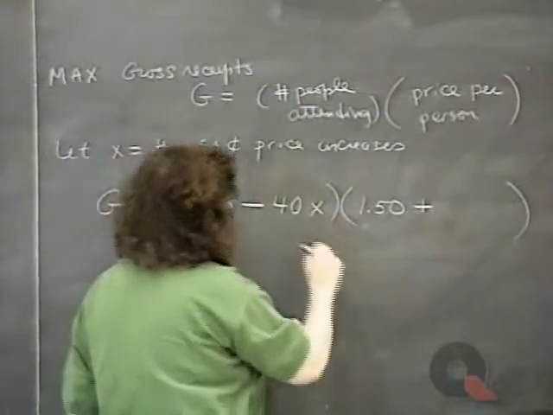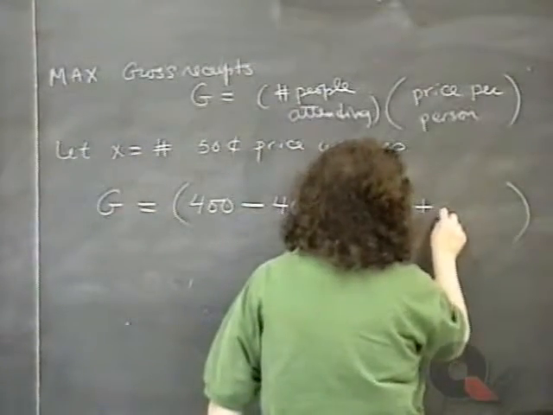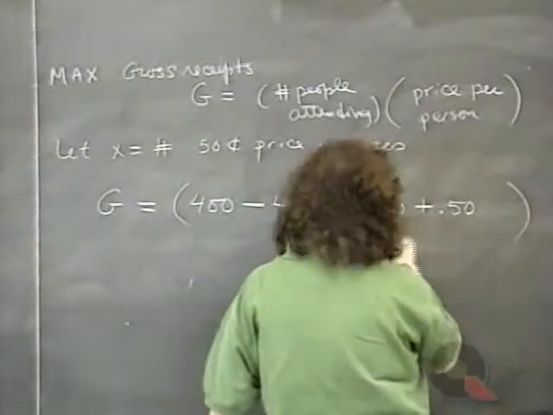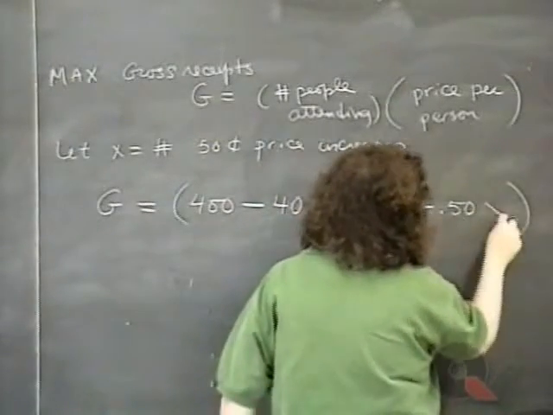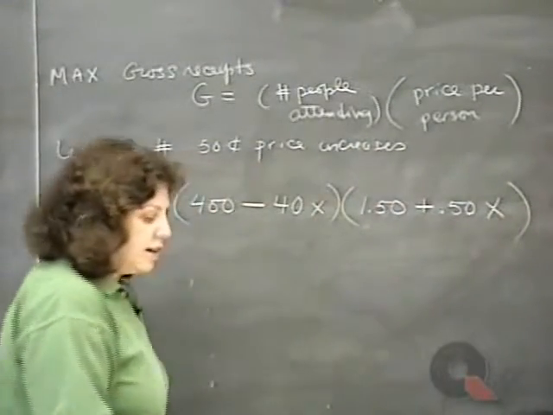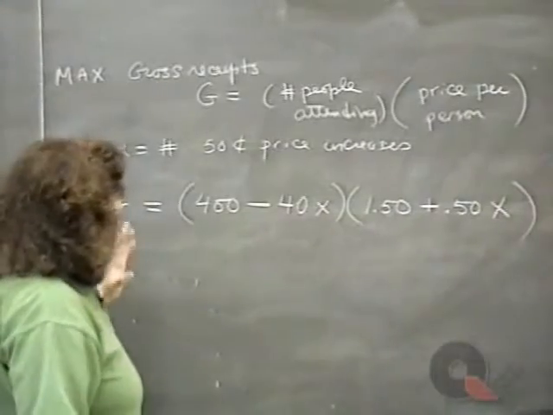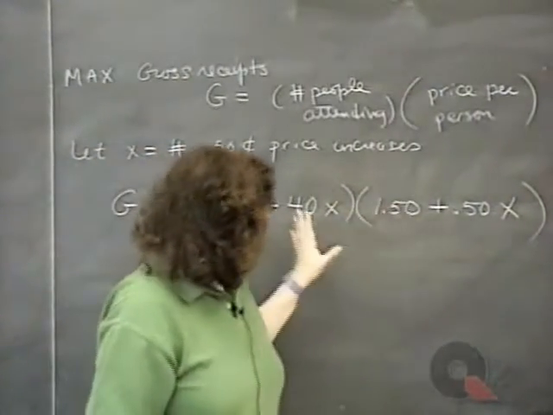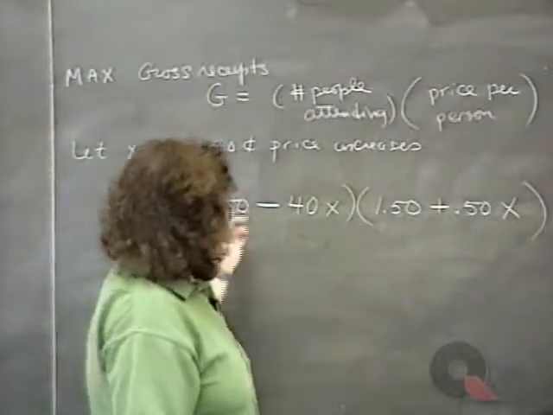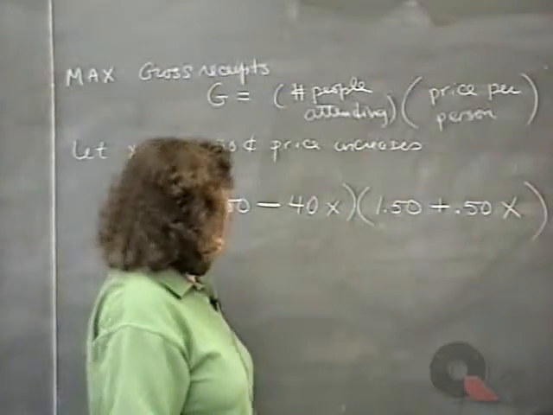Now, x represents the number of price increases, so the price will be $1.50 plus 50 cents times each price increase. Let's see if this makes sense. If x is 0, we have 400 times $1.50, which is correct.